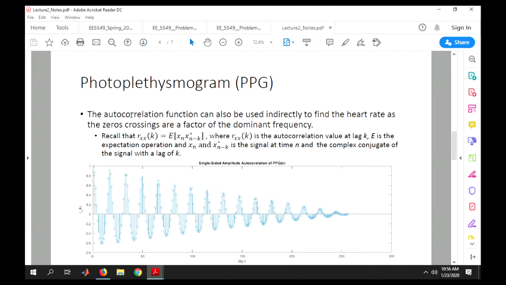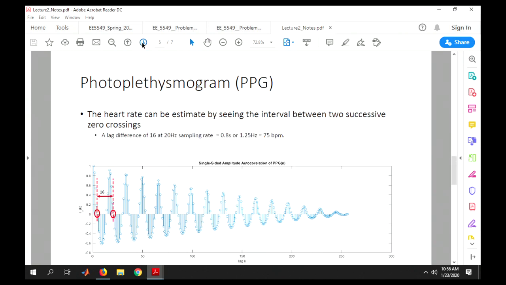Now if we compute the autocorrelation sequence as a function of lag and take the zero crossings, in this case the zero crossing is at a lag of 16 samples. Lag 16 at a 20 hertz sampling rate is 0.8 seconds.